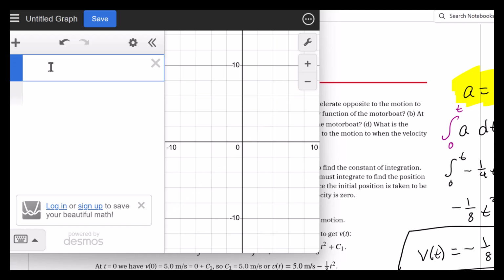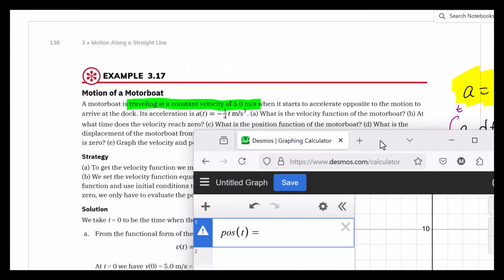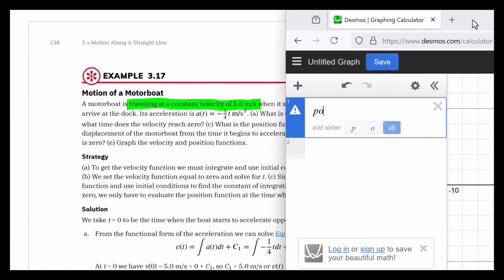I'm going to call it position of t equals, I already forgot. Oh no, this is acceleration. Acceleration at t is negative 1/4 t.